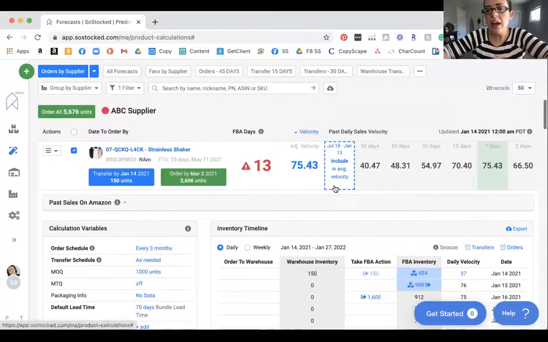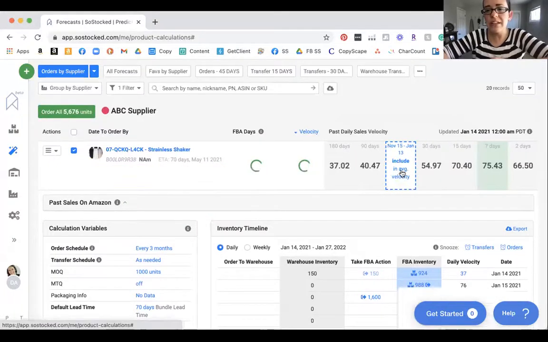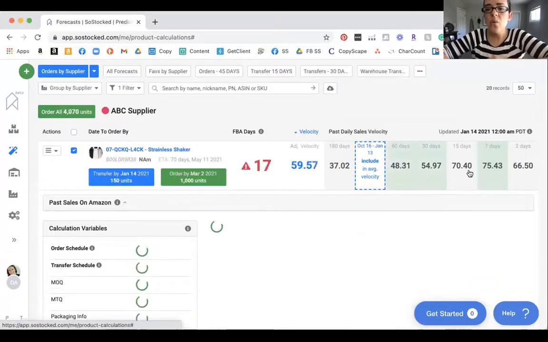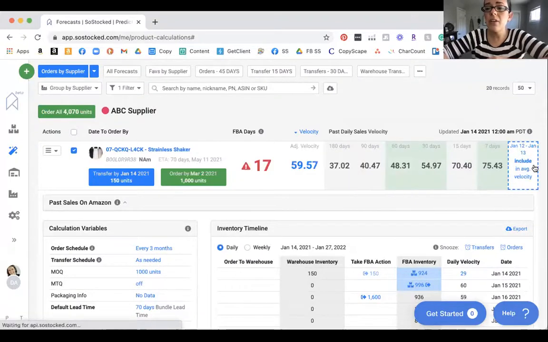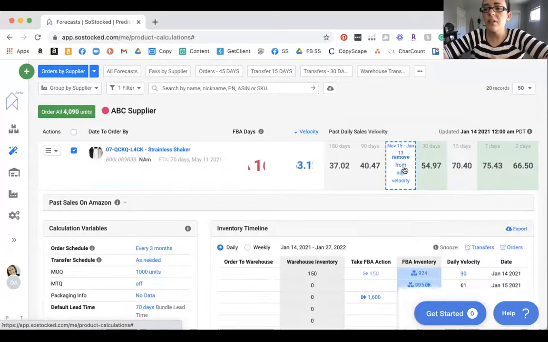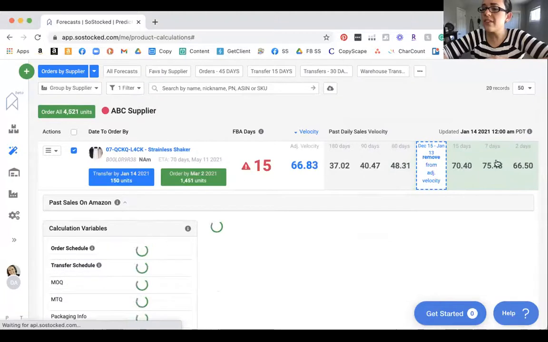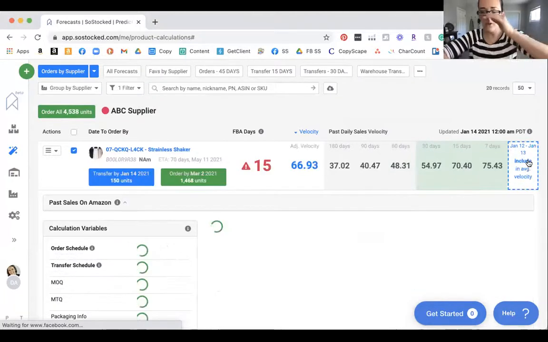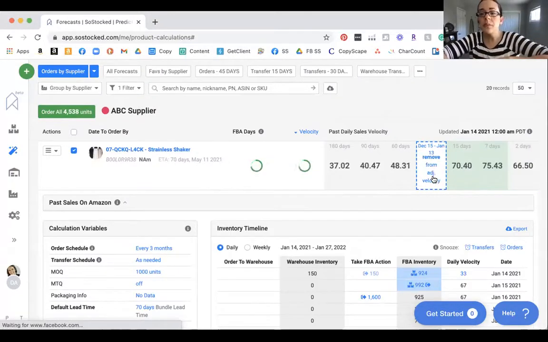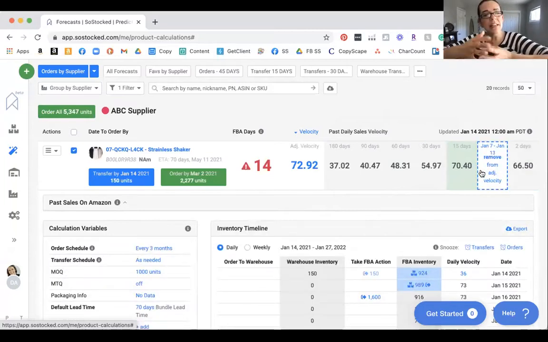So maybe you were looking at your 30, 60, and 90 days. When you do your new campaign, you might start focusing on your 7-day marketing velocities while you're doing that. So that's one of those things where you're changing something significantly.